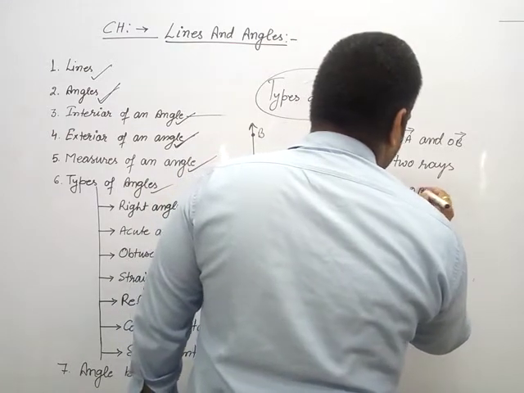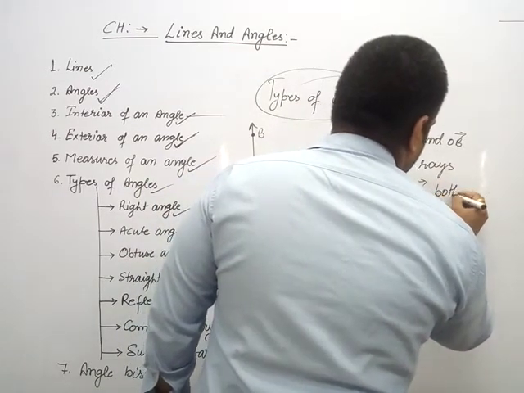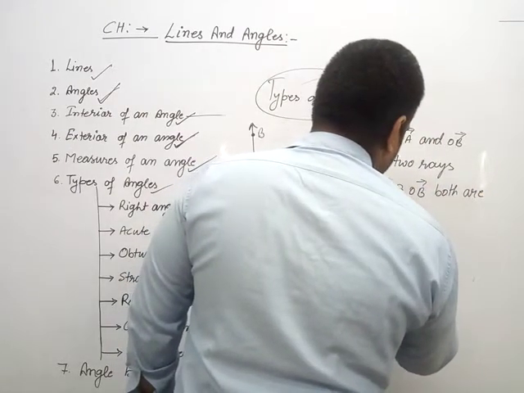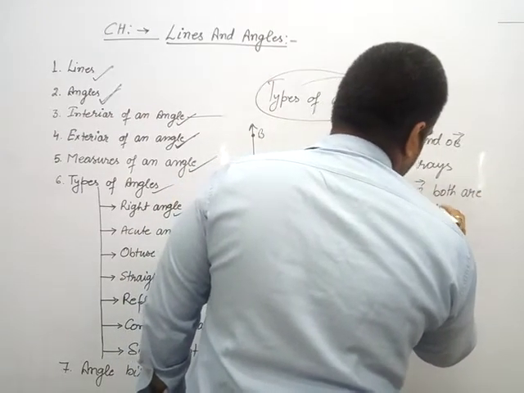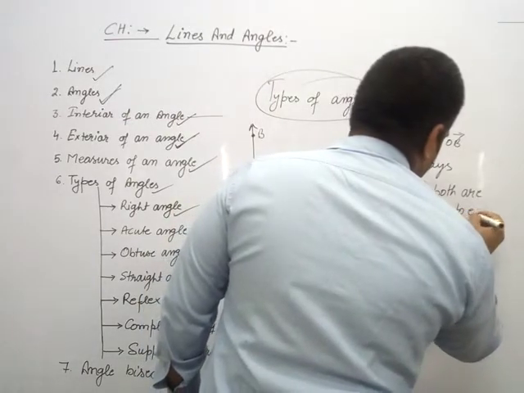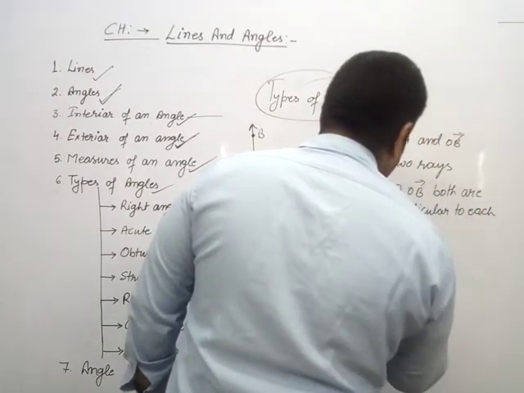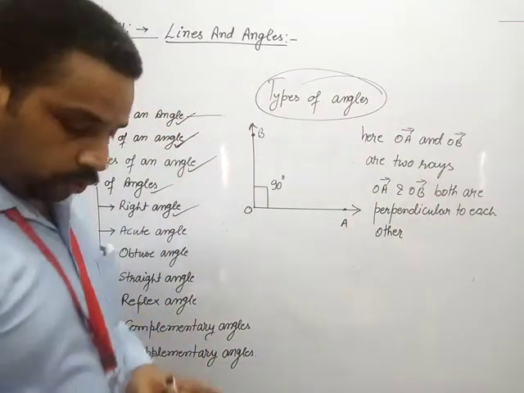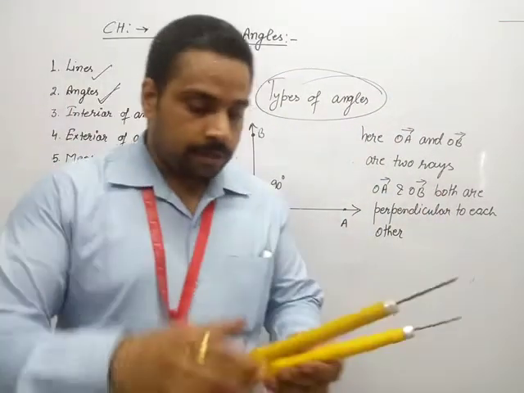and OB both are perpendicular to each other. Is that clear? Okay. Now look at this part.